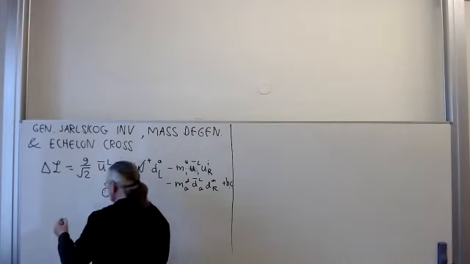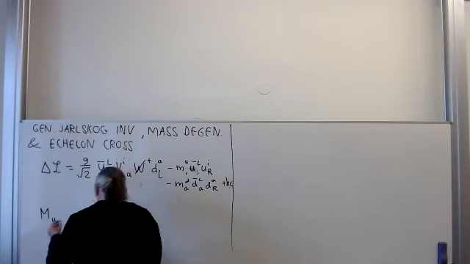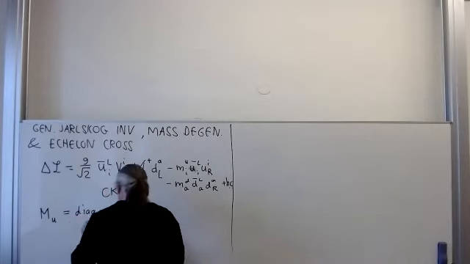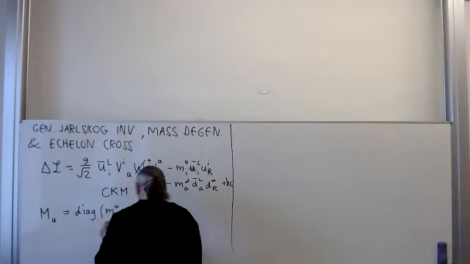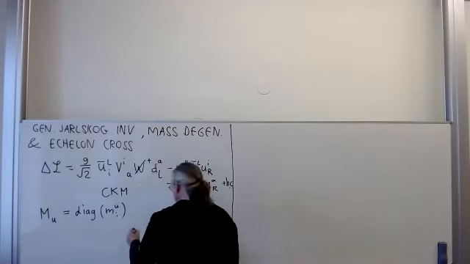So let me write the mass matrix. I'm just going to write the up one; there's of course also going to be a down one. This would be the diagonal matrix of the up masses, some matrix in N_U.